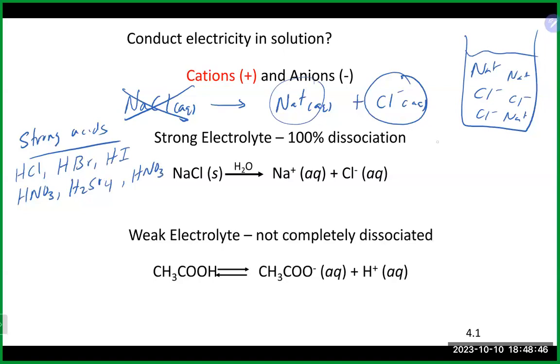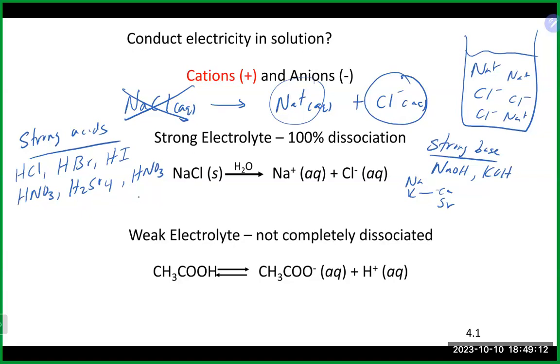By the way, strong bases are also strong electrolytes, like sodium hydroxide, potassium hydroxide. On the periodic table, if you go sodium, potassium, hang a left or right over to calcium, strontium, put group 1 or group 2 with some hydroxide, you probably have a strong base on your hands. And those would 100% break apart in a solution.